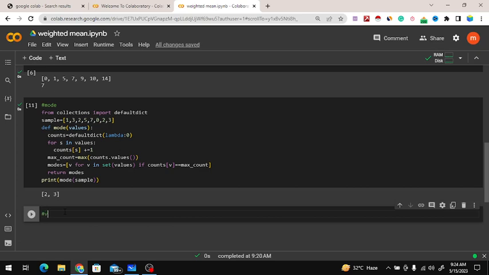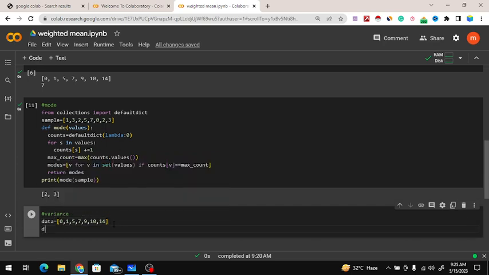We are going to calculate the variance, and let's write the sample data here, otherwise you can change the name. It's a data variable, and then we can define a function for variance. Variance should take the values we have created. Then we will need to get a mean.